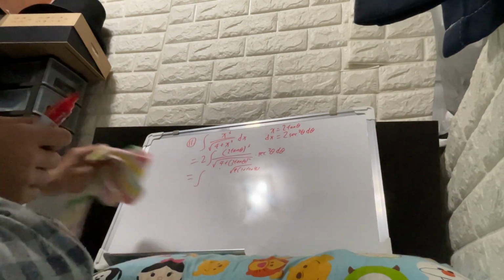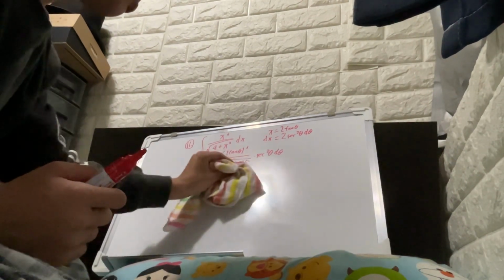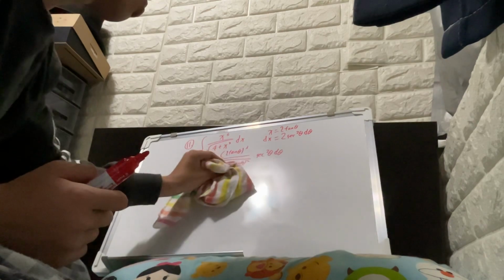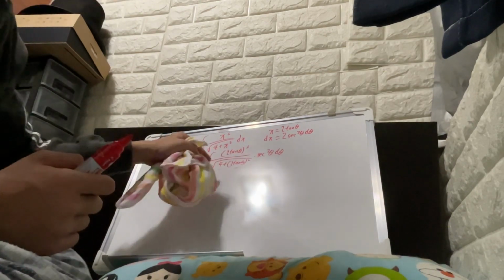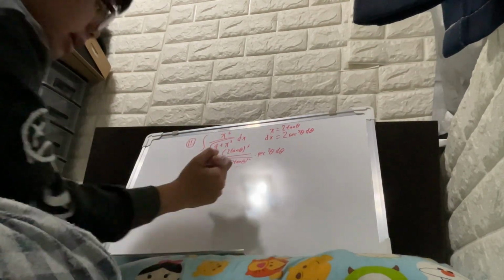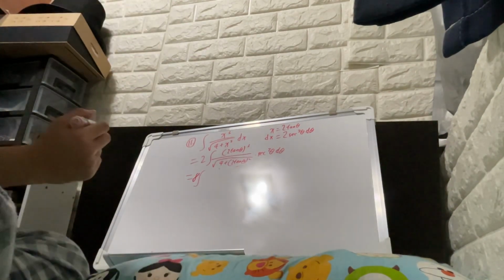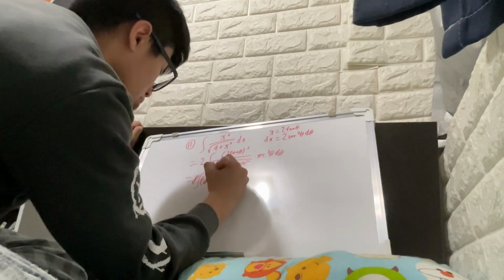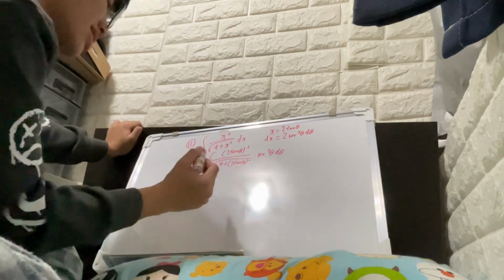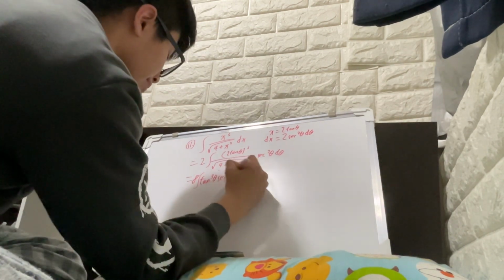So we integrate. And then 2 cubed is 8 here, and then 2 and 2 cancel each other out. So you only get 8 here. And then you get tangent cubed theta, and then multiply by secant theta.